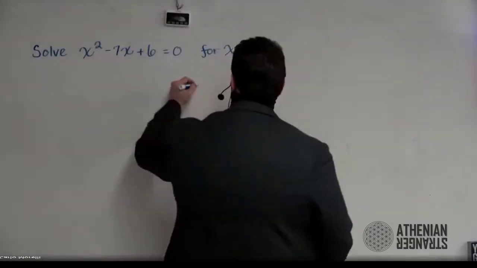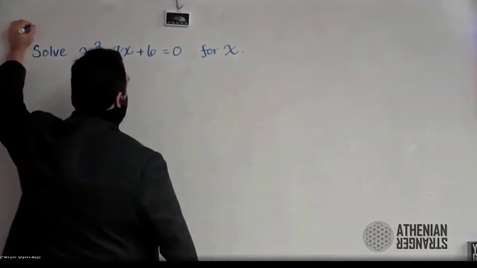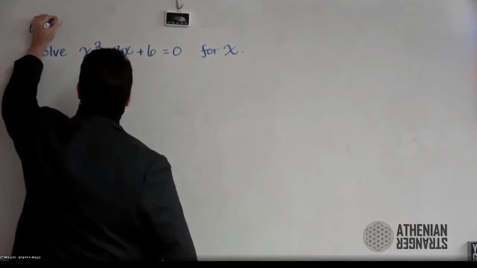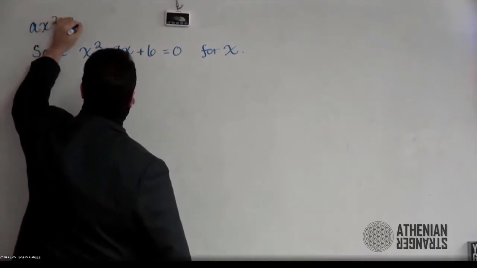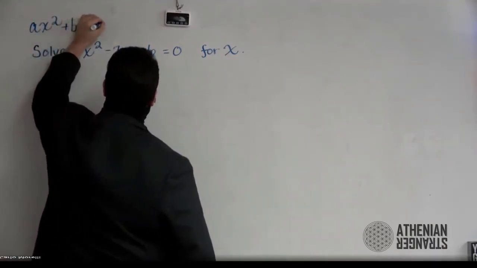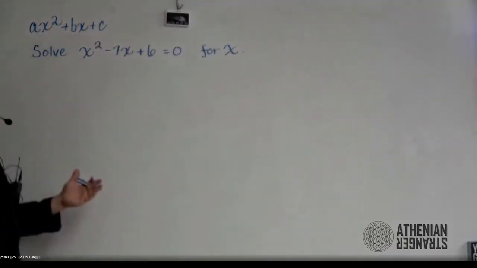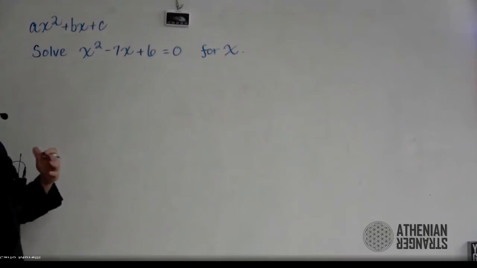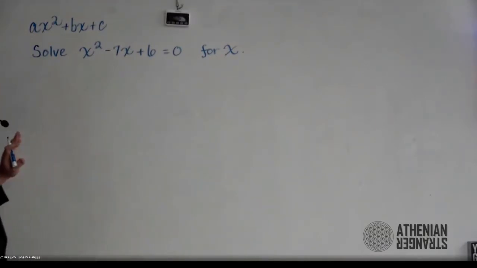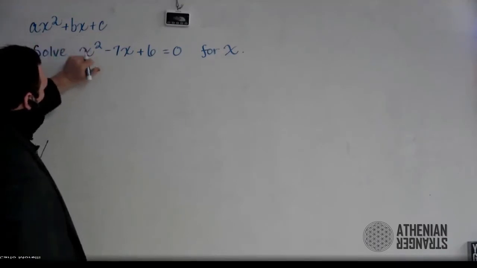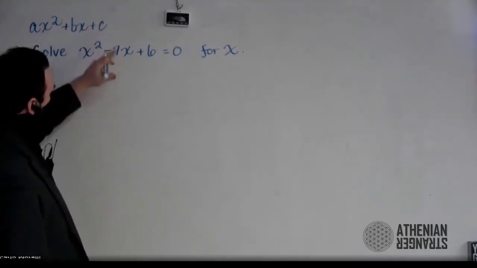Standard form, I'll write it up here so we can leave it up here, is ax squared plus bx plus c. Remember, a, b, and c can be positive numbers, negative numbers, fractions. It can be anything. They're the thing that's sitting in front of the x squared and the x, and then the c is actually just a number.